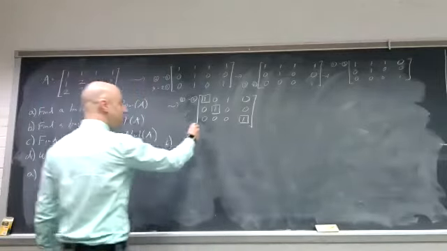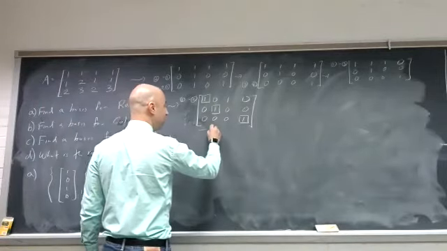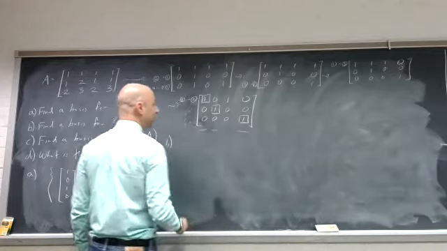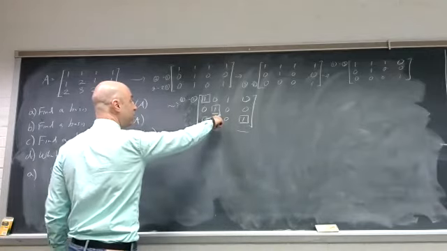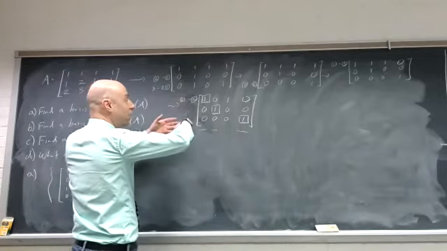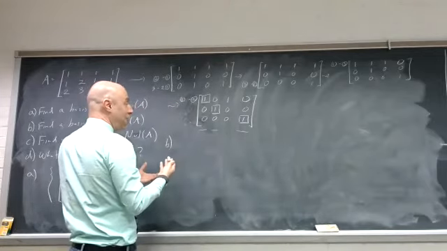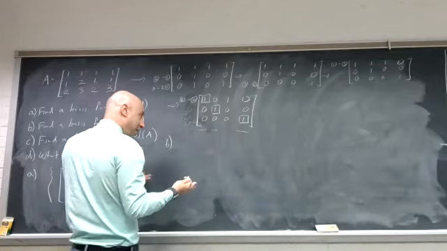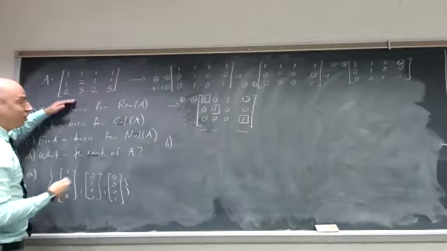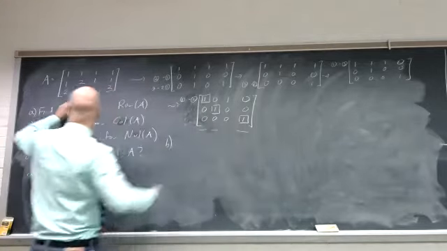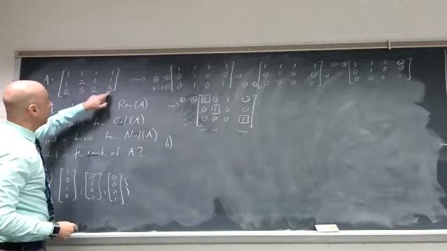So we look at the pivot positions. I have a pivot position here, a pivot position here, and a pivot position here. But I can't use the reduced echelon form in the matrix because every time I do a row operation, the column space actually changes. The row space stays the same, but the column space changes. So I have to go back to my original matrix, and these tell me which columns to take. Take the first one, the second one, and the last one.